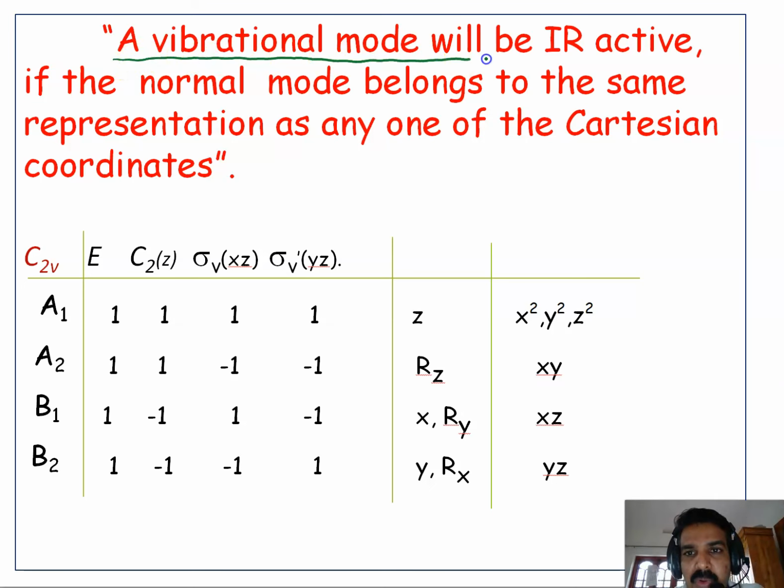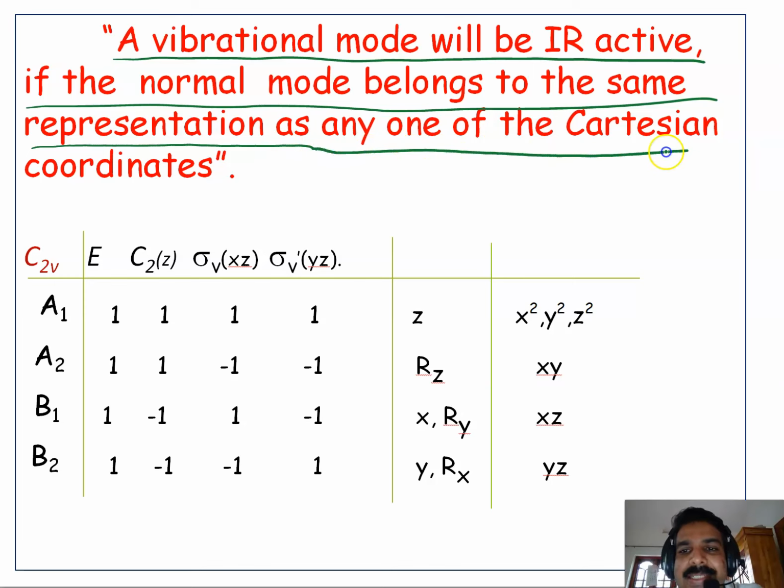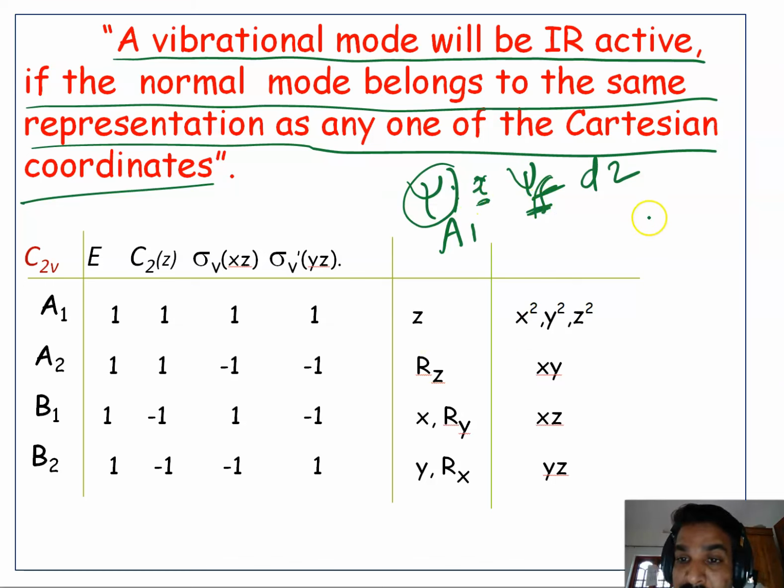A vibrational mode will be IR active if the normal mode belongs to the same representation as any one of the Cartesian coordinates. Okay, that is, I told you, the integral of psi i, x, y or z, psi f d tau. Then psi i is always A1. So to get this product, psi i, x, y or z, into psi f, the direct product has to be A1.